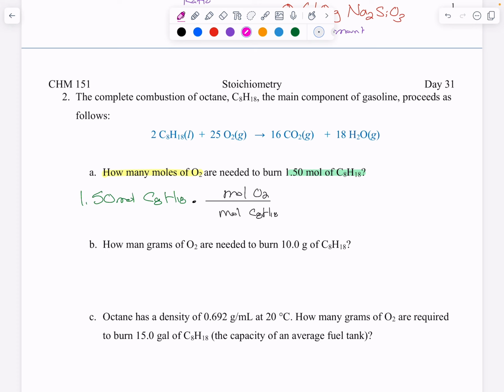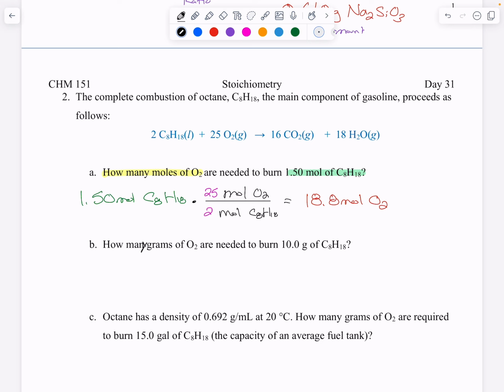And our coefficients are 2 and 25. And that's it. So I think you get 18.8. So that's just your mole to mole ratio. Next up is, it should say many here. My apologies. There's your typo.